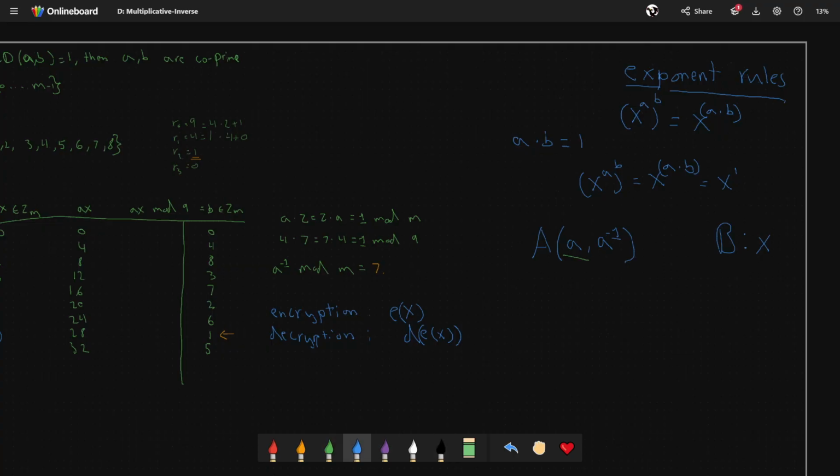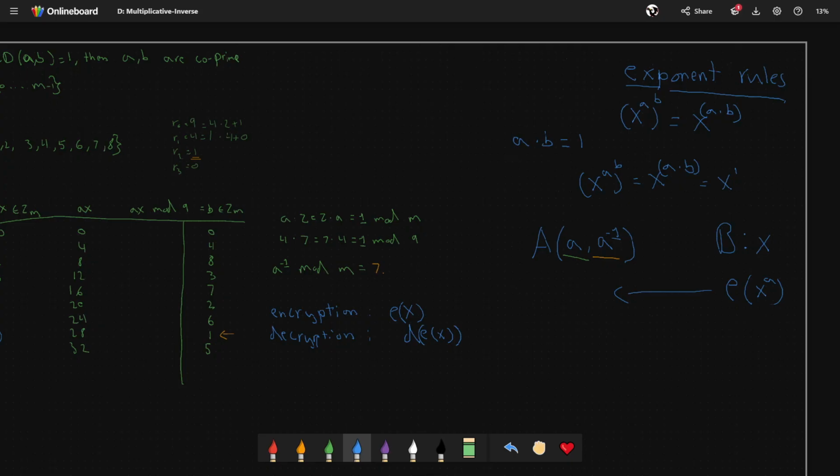Bob is going to take that value and take x to the power of a, and that's how he encrypts his message x. He will then send that encrypted value to Alice, and Alice is going to decrypt it using the multiplicative inverse of a, which only she knows.